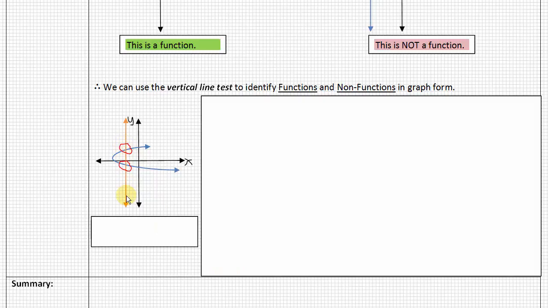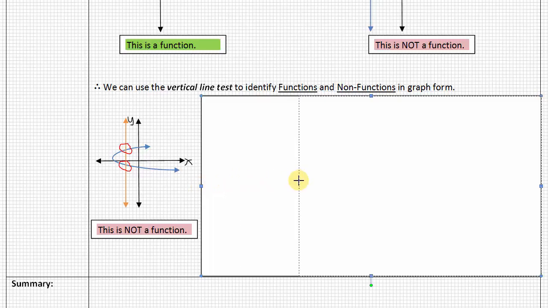So because on this x value, which let's say it's -1, there are two possible y values. This one up here that's positive and this one down here that's negative. That's more than one output. So we would say that this graph is not a function.